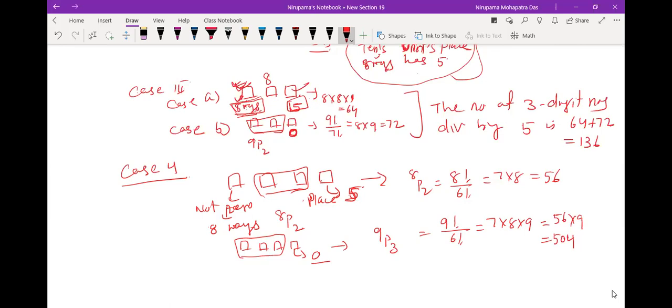Yes, 504. Now you have this. So now the total number of cases will be what? 504 plus 56.